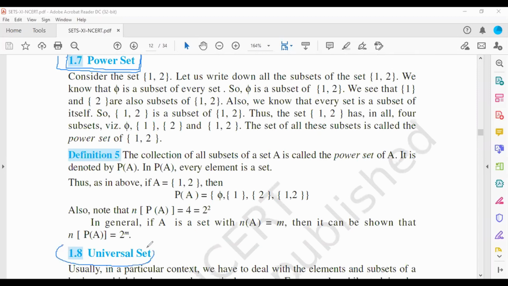The next one, universal set. So these are very powerful concepts. I would actually deviate from the textbook and give you a lot of explanation on the board. Just give me 1 minute.